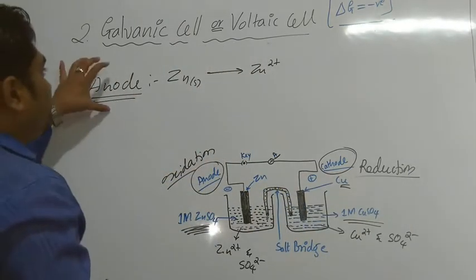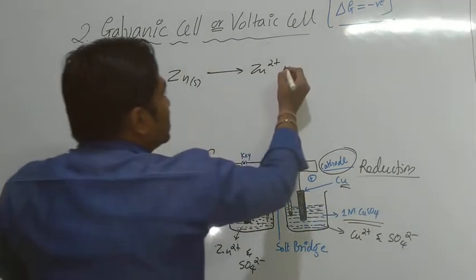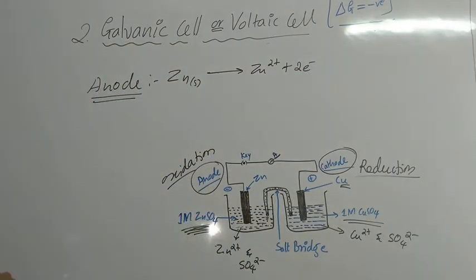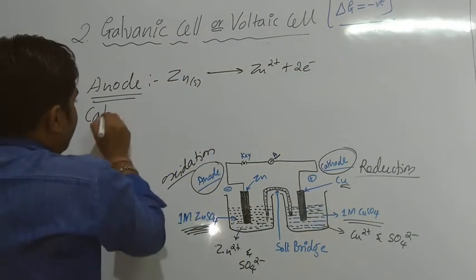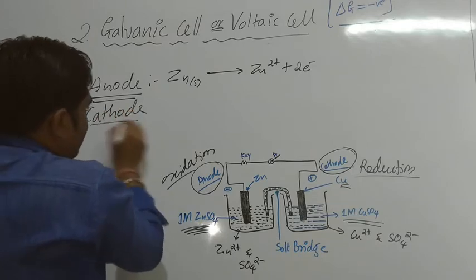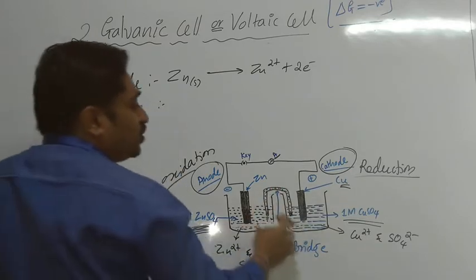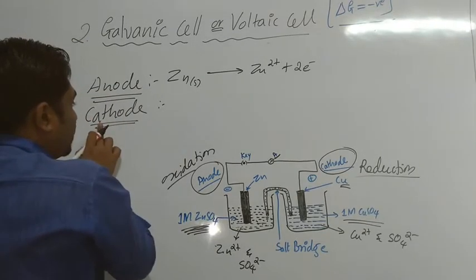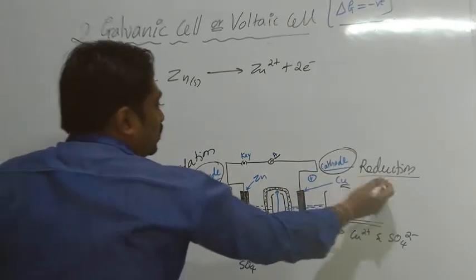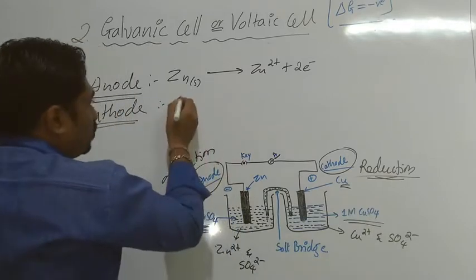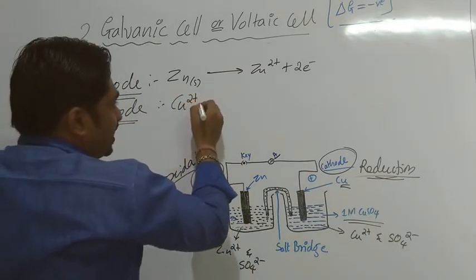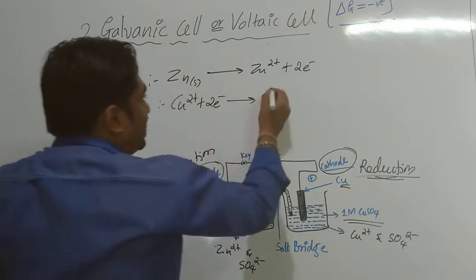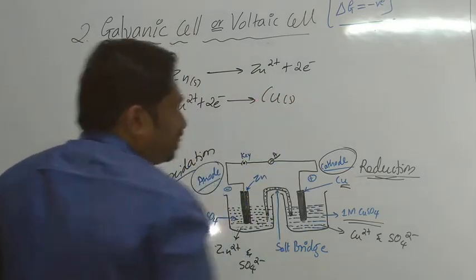At the anode zinc is oxidized. And at the cathode, what happens? The cathode is a copper electrode. At the cathode a reduction reaction takes place: Cu2+ ions gain 2 electrons and give copper.